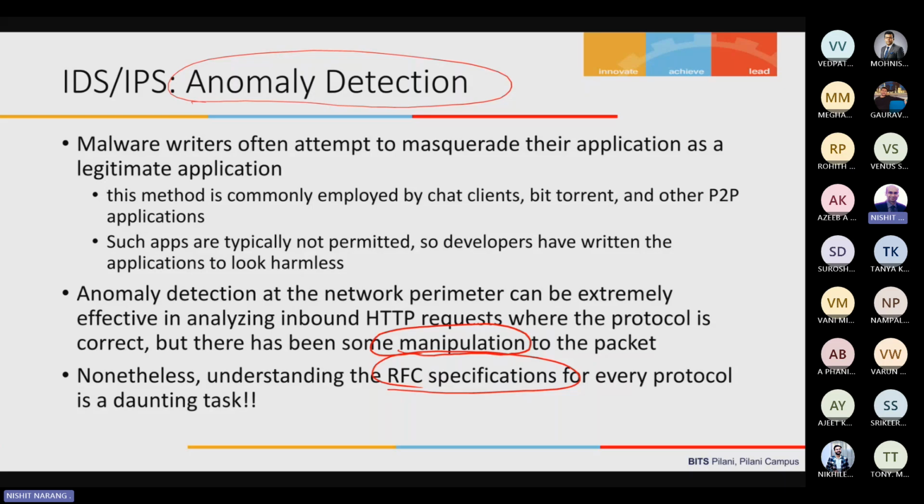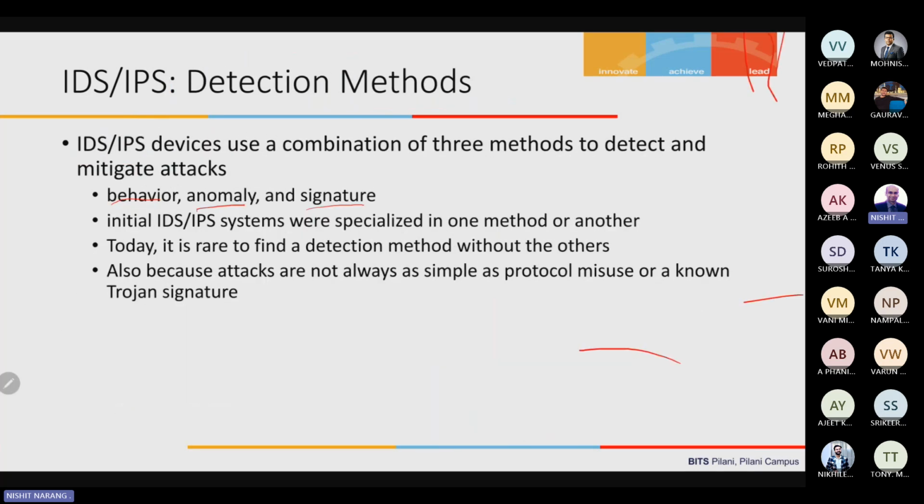Similarly, anomaly detection is very difficult to do for the tens of thousands of RFCs that exist in the internet world. You can do it for some key protocols, but not for every protocol that exists. That will become a very daunting task. So generally, IDPS, IPS systems use a combination of all these three methods to do a good job at detecting attacks or intrusion attempts.